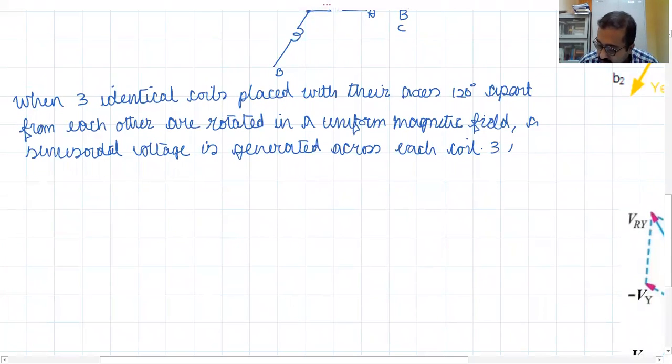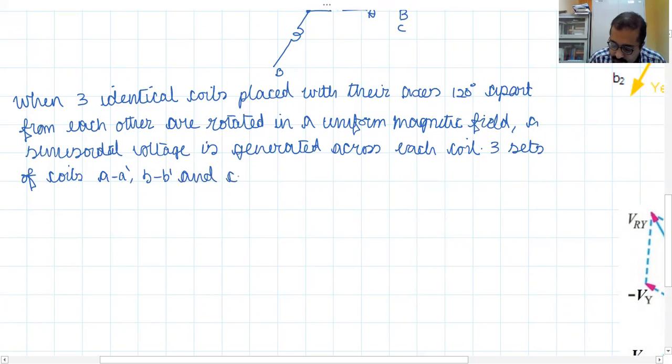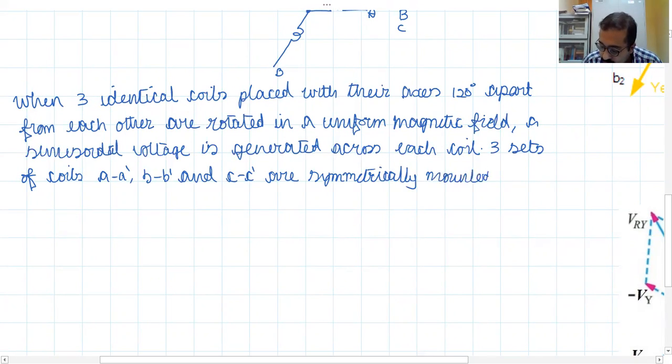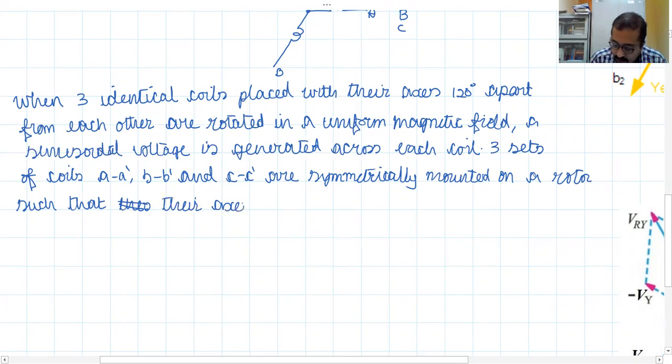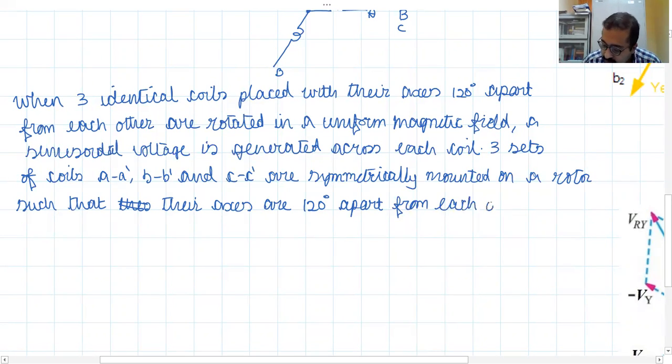Three sets of coils A dash, B dash, and C dash are symmetrically mounted on a rotor such that their axes are 120-degree apart from each other.